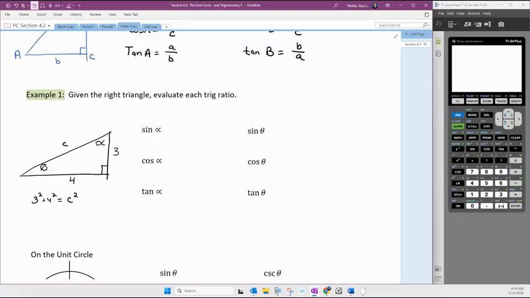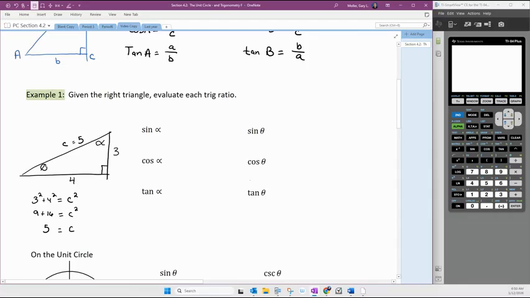Hopefully we are also familiar enough with right triangles that we recognize the 3, 4, 5 right triangle. If not, the Pythagorean theorem will tell us that it's 5. There are some common right triangles we'll encounter often, so it'd be good to start to recognize them. So c is going to equal the square root of 25, which of course is 5.